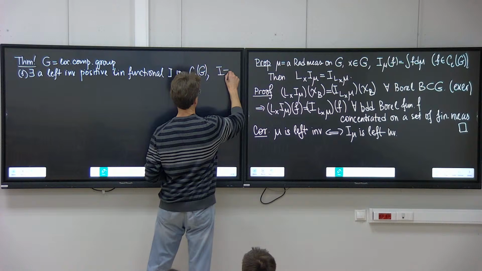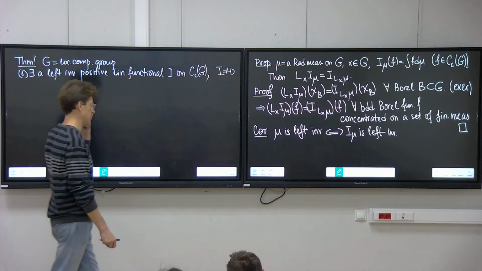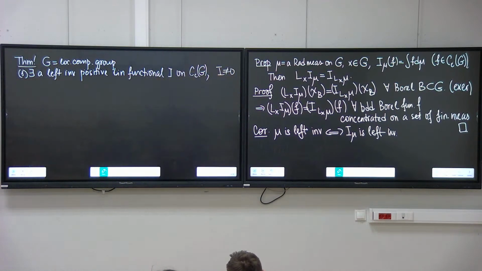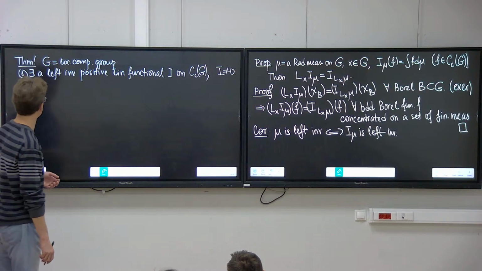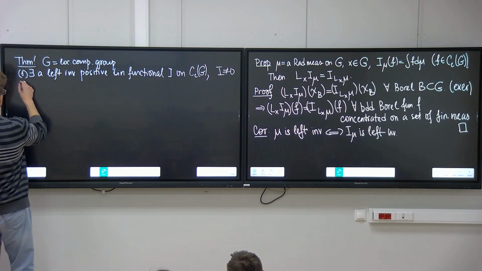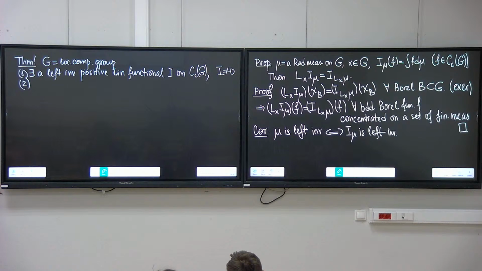So the existence of such a functional is equivalent to the existence of a Haar measure by the previous corollary. And secondly, such a functional is unique up to a multiplicative constant.